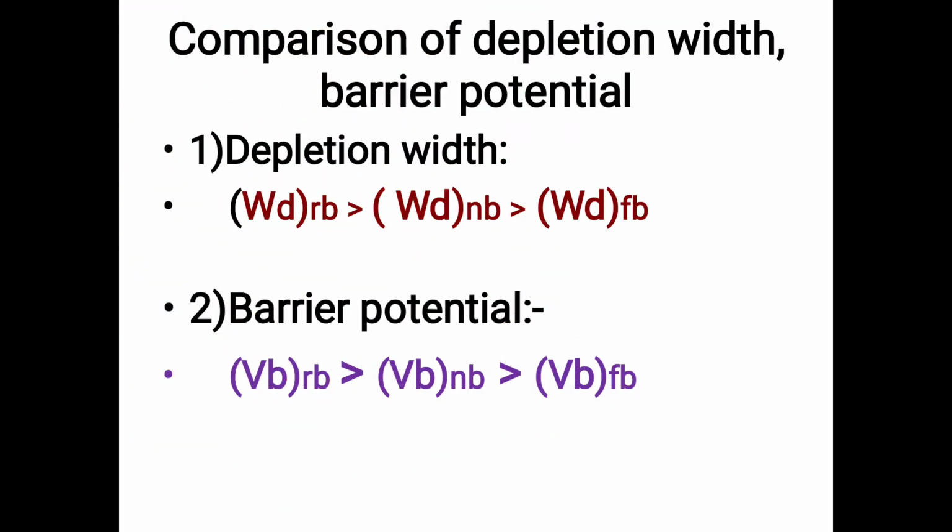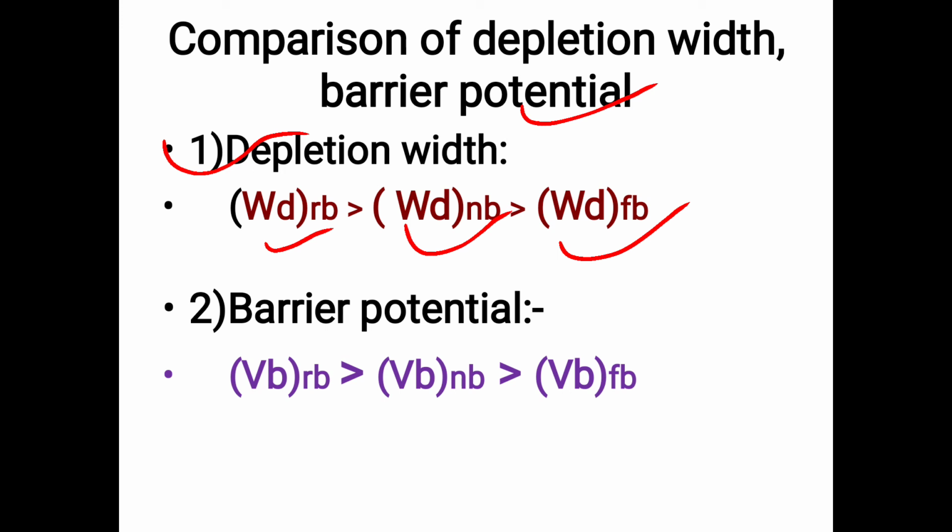So friends, now we will compare the depletion width and the barrier potential of the reverse biased condition, no biased condition, and the forward biased condition. If you compare these, for the depletion width, you can see here the depletion width of the reverse biased PN junction diode is greater among all the biasing conditions. For example, this is our no biased condition, and this is the forward biased condition.